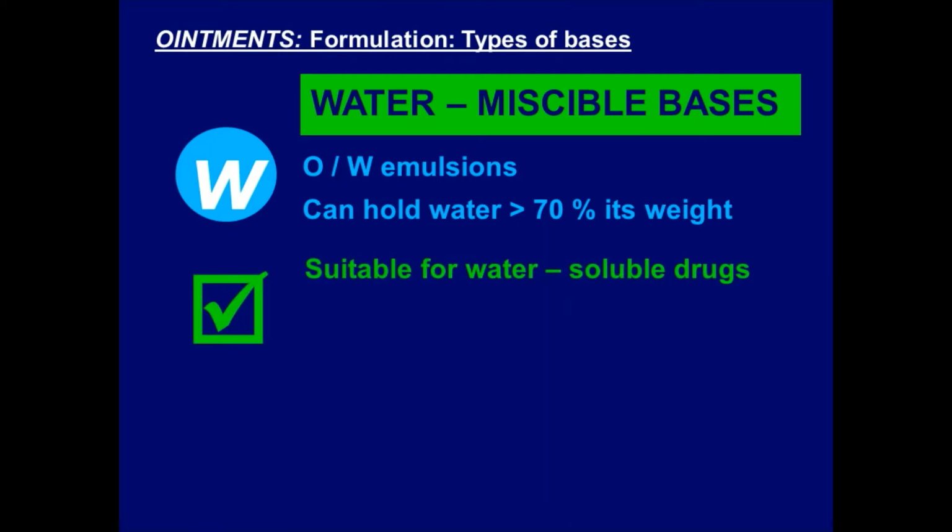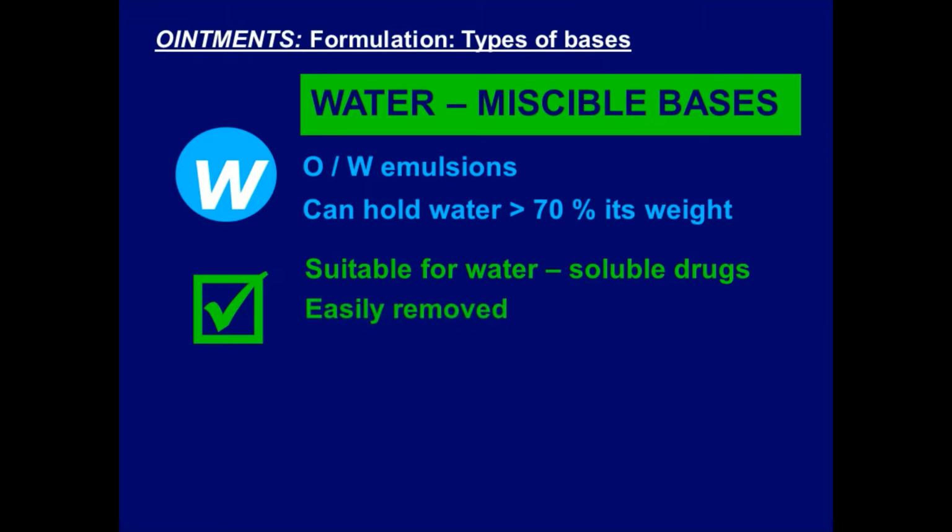Advantages of these bases: they are suitable for water soluble drugs because, as we said before, when you use a base for a certain drug, you should use a base with an external phase that can dissolve the drug. This external phase is water in water-miscible bases, so they are suitable for water soluble drugs because here drugs will be in the external phase.